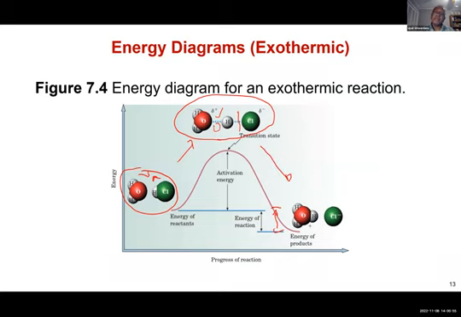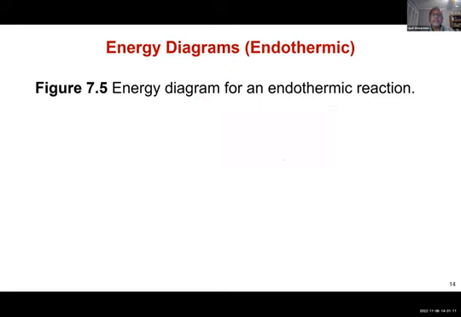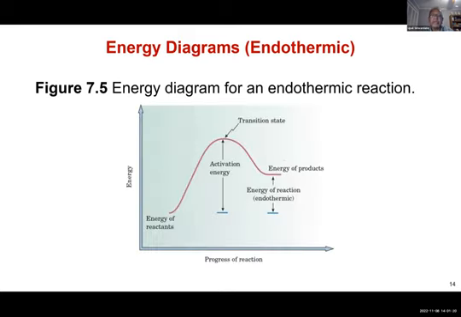If it doesn't have enough activation energy, it goes back to reactants. If it has greater than activation energy, it turns into products. So these diagrams are very useful in showing the energy changes during the chemical reaction.